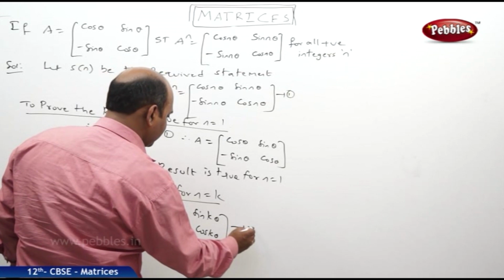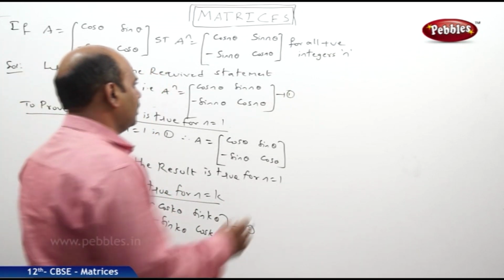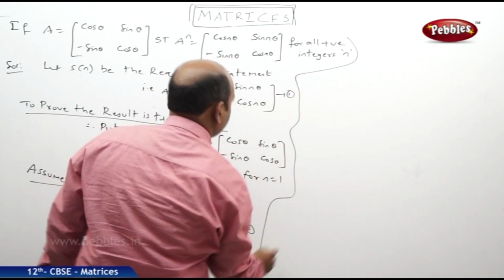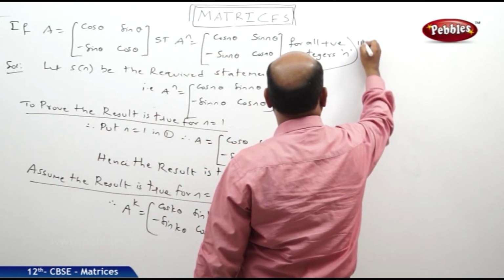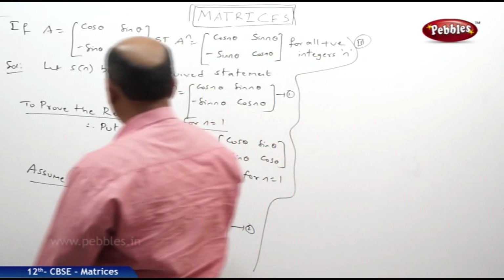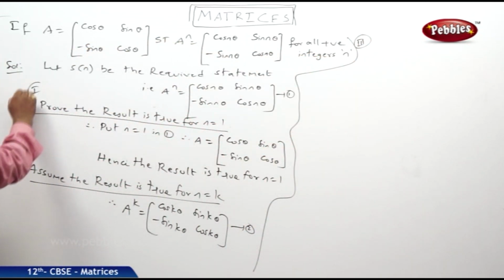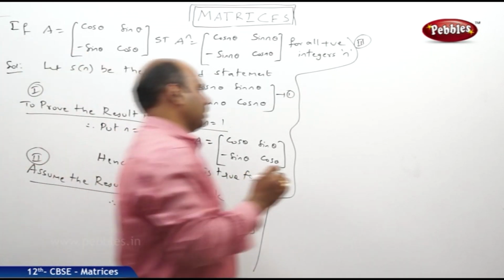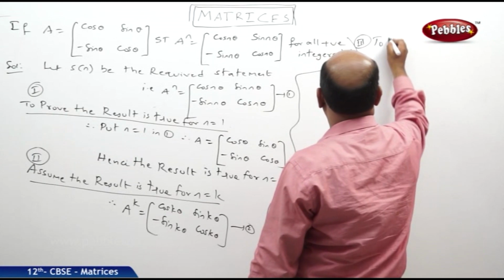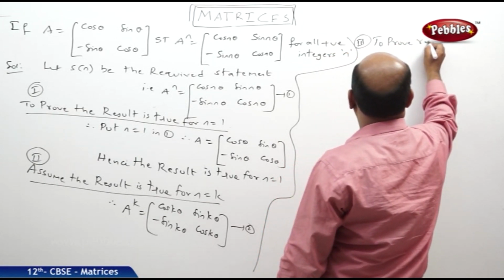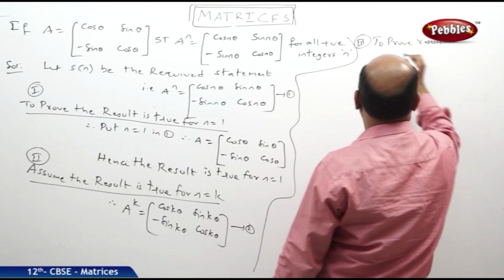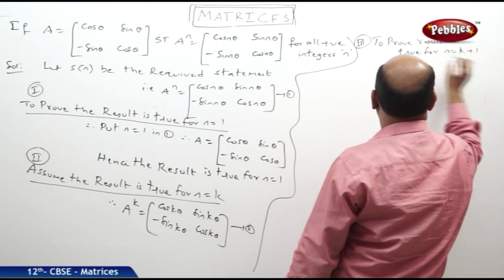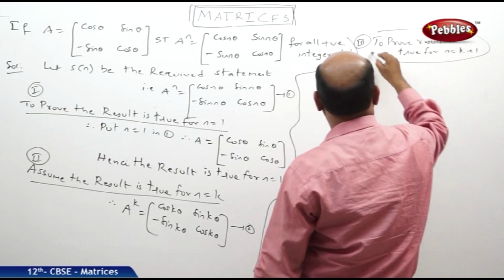I'll be calling this as number 2. I call this as step number 1, this as step number 2. In step number 3, to prove the result is true for n equal to k plus 1.